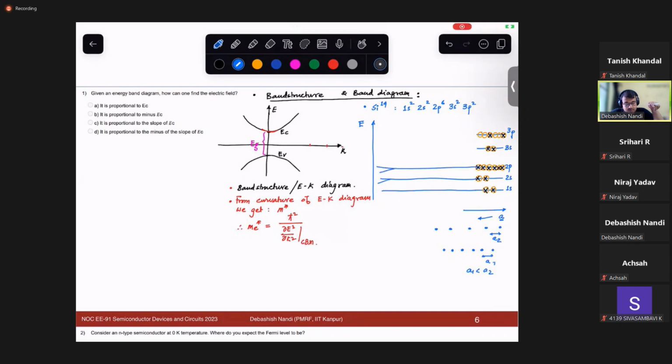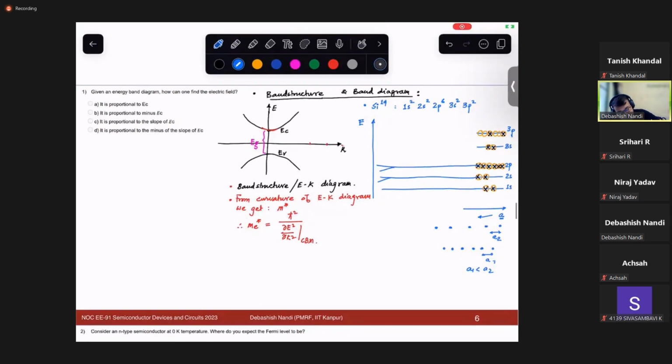So what happens to the valence band? Your 3s and 3p start to split.